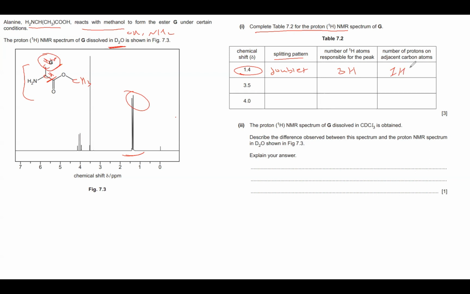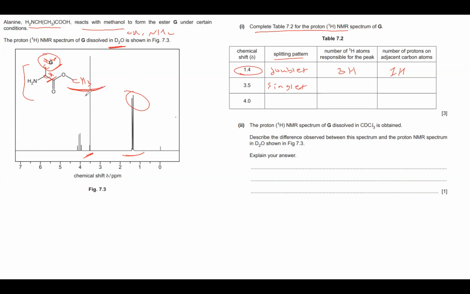For 3.5, as you see here, we have only one peak, a singlet. So we have singlet on 3.5, it's one peak, and this one, guys, belongs to this group, CH3.